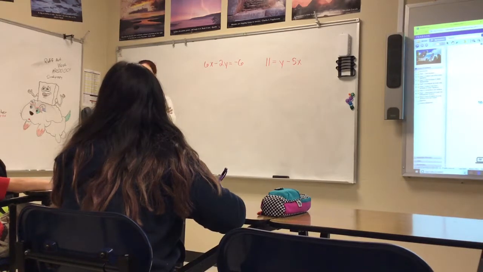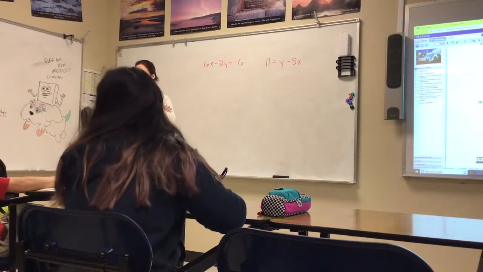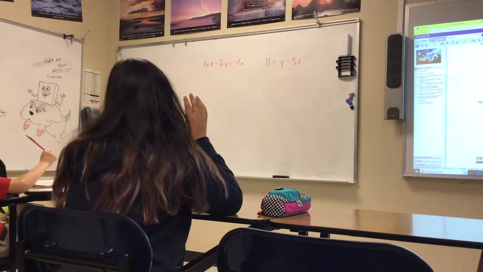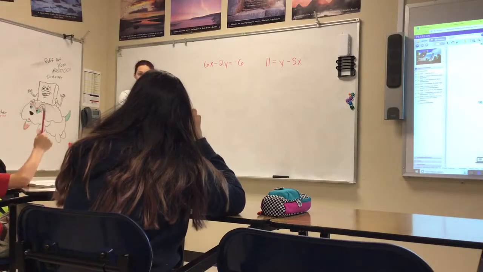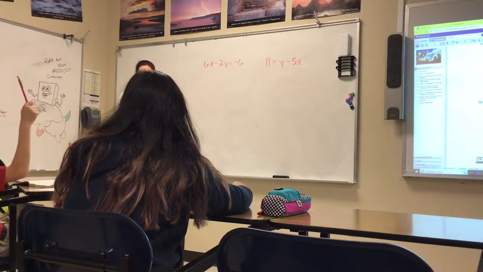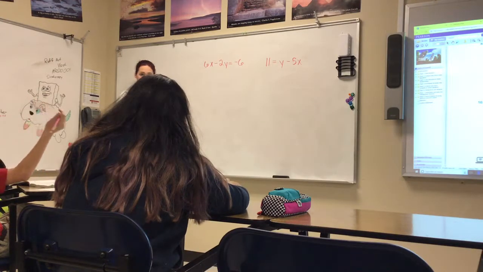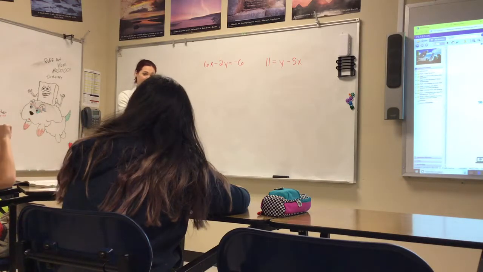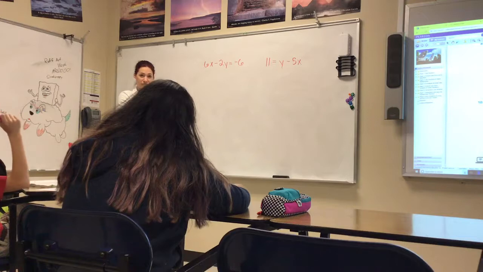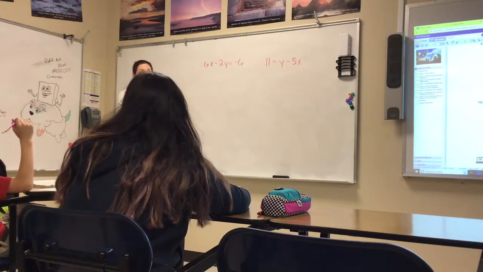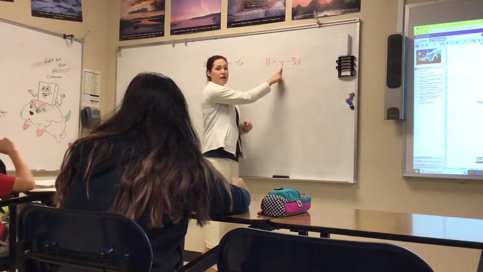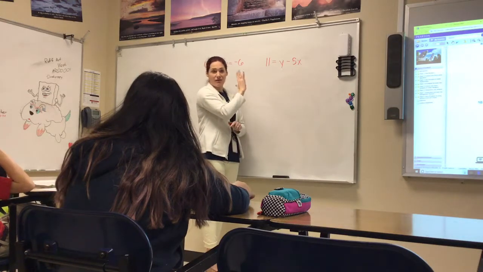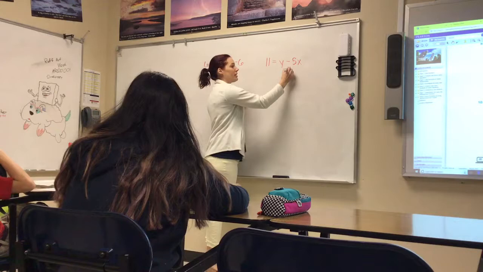Which one doesn't have a number in front of it? The y. You always want to solve for the variable that doesn't have a number in front of it, because that means I'm not dividing by anything, and it's never going to give me a bad number.